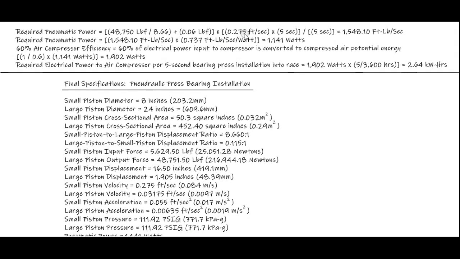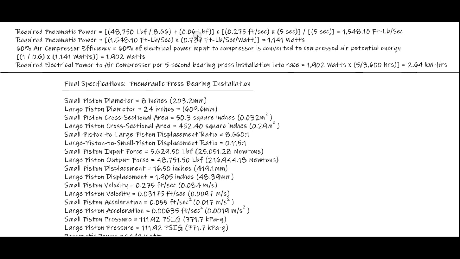So we have a force times your distance. We take the velocity times time to get distance. Then we have the force at the small piston, which is the force at the large piston divided by the displacement ratio, plus the minuscule Newtonian force to move the piston and overcome its coefficient of kinetic friction.